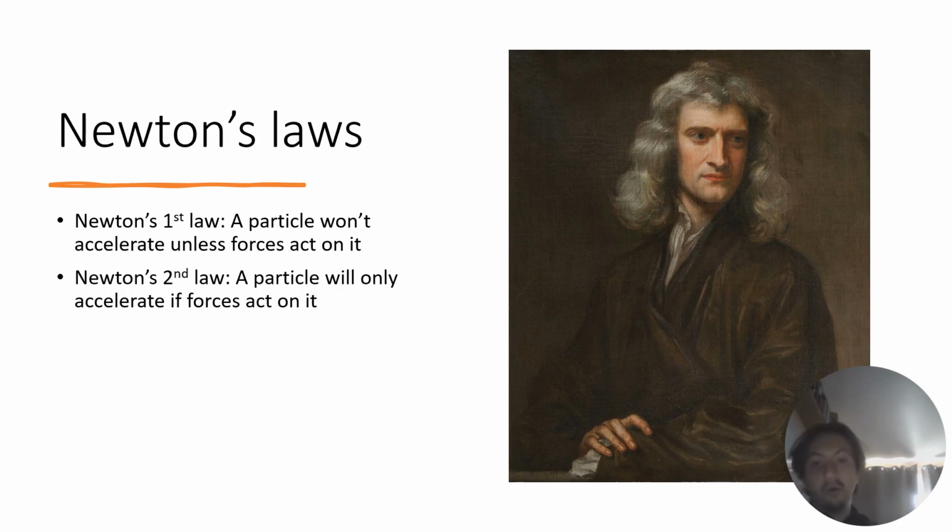Newton's second law says if there is a force acting on a particle, then it will experience acceleration if there is a net resultant force. And it quantifies the relationship between this force and the acceleration.